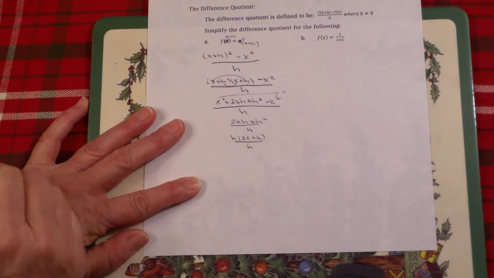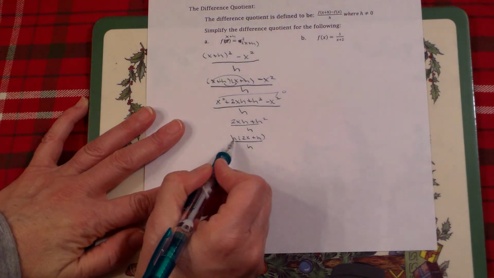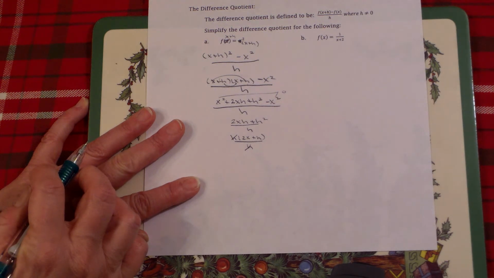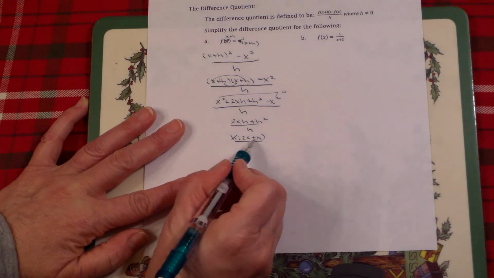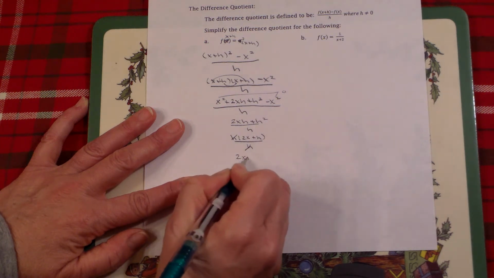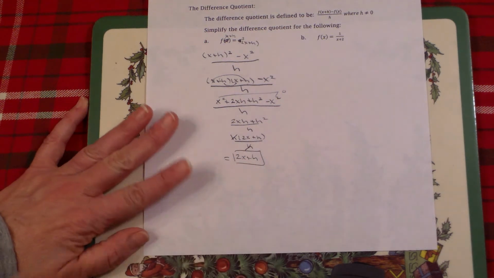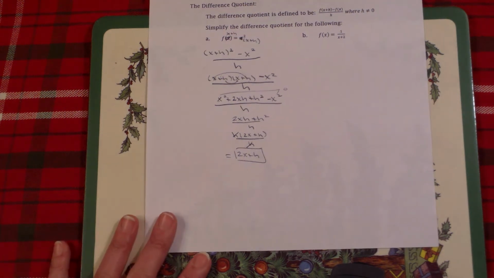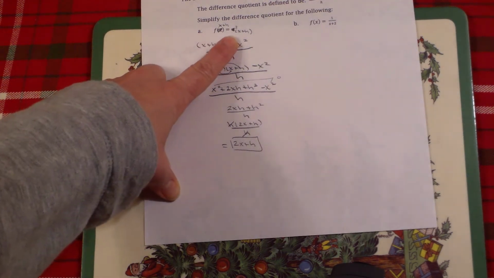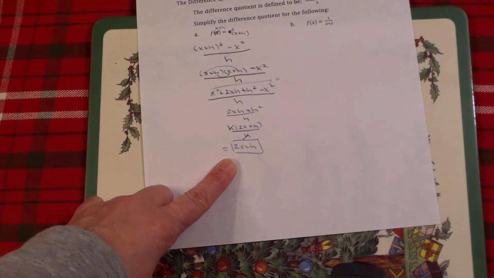And once it's factored out, since this is connected by multiplication, you could divide away those two h's. Not this h because it's connected with addition, but you can divide away these two and come to your final answer. The difference quotient for the function x squared simplifies to 2x plus h.